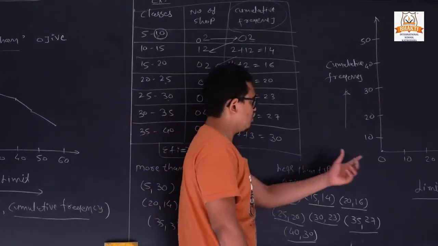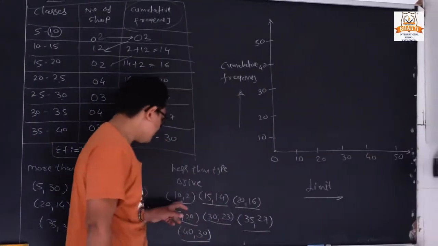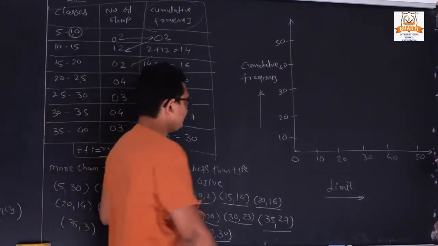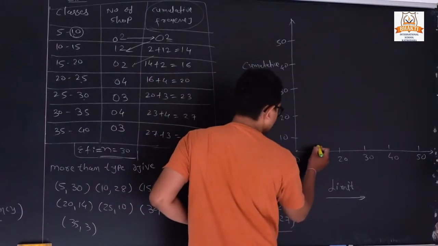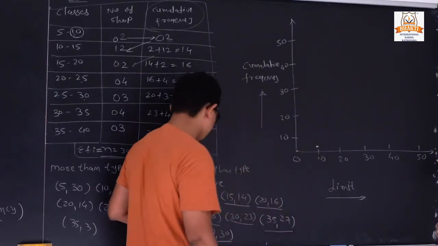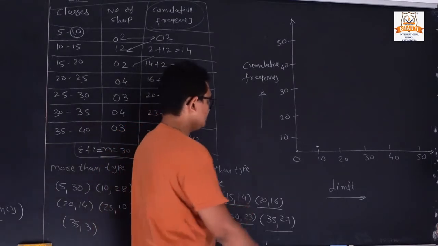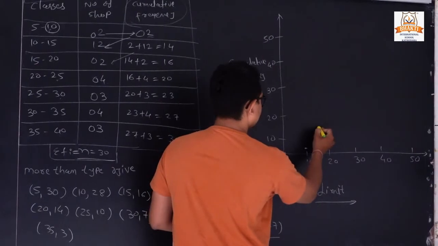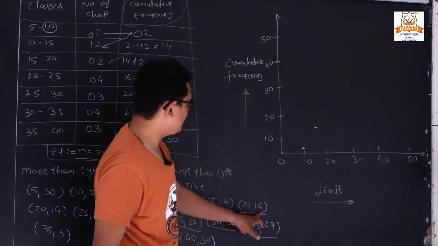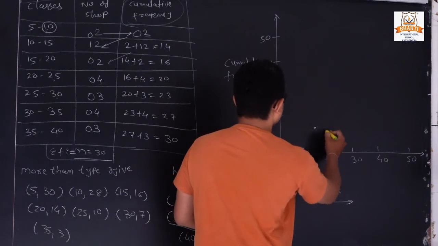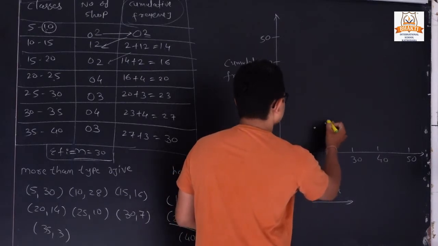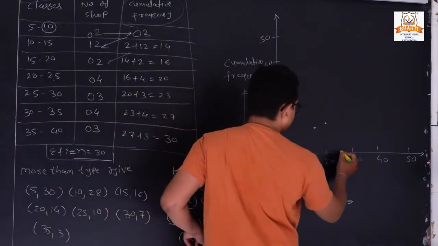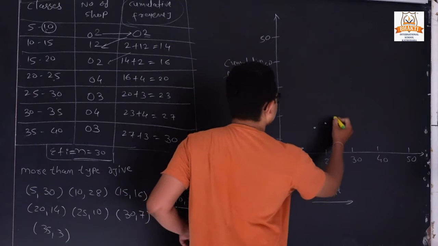Now we can plot that in our graph. Here it is CF. So 10 comma 2, it is here. Next, 15 comma 14, it is here. Then 20 comma 16, it is here. Then 25 comma 20, it is here.